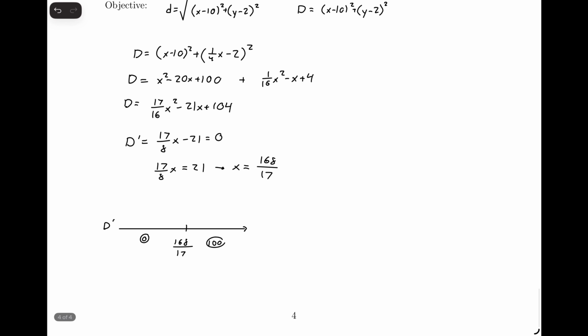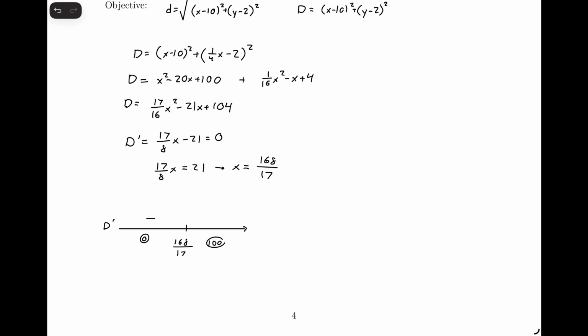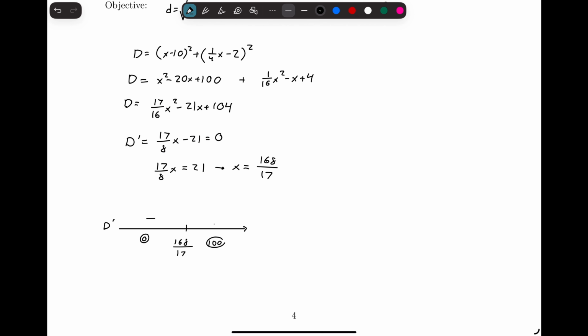And if I were to plug that 0 into our derivative here, this first term would go away and we'd have negative 21, which means we'd have a negative. And then if I plugged 100 in, this would be greater than 21, so it's a positive.